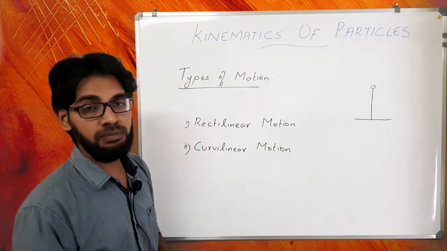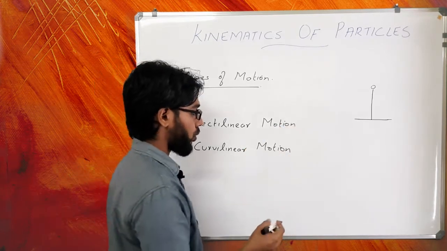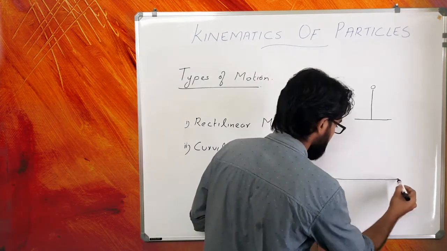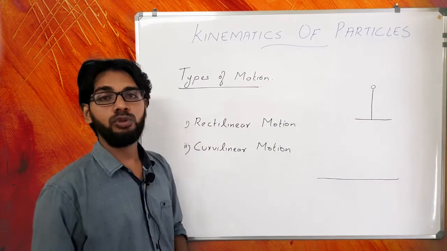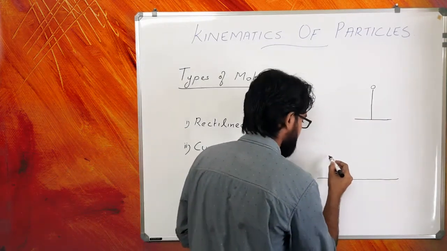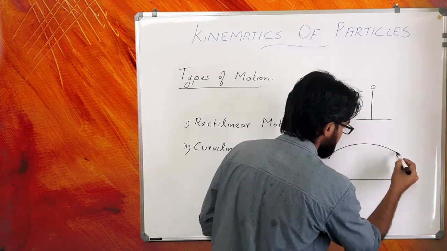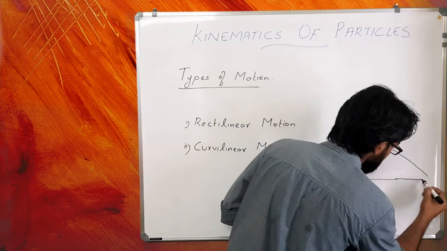Now suppose the same ball, instead of dropping it vertically down, I throw it at an angle so that it describes a projectile motion.